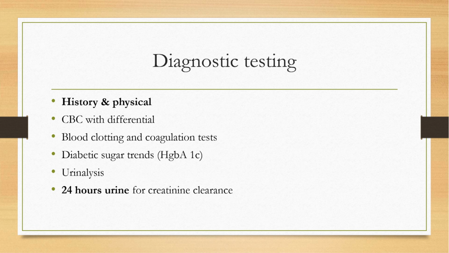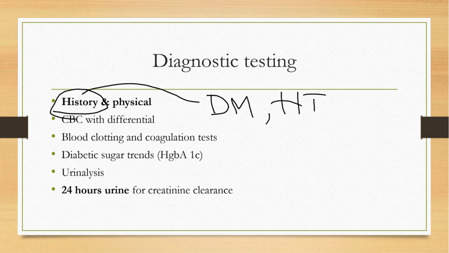So history-wise, though, it's obvious that you guys want to make sure that you're asking them. Remember, what was the number one cause? Diabetes. What was number two? Hypertension. What were some of the other ones? If you don't remember, go back and look. I would be able to identify these various causes of chronic kidney disease.